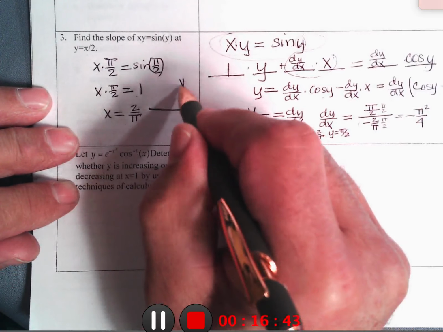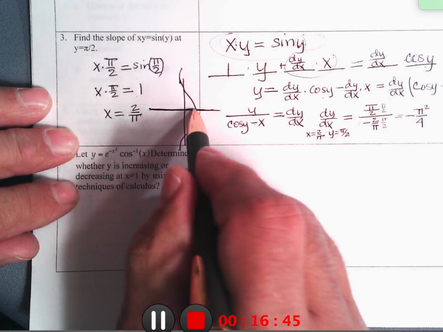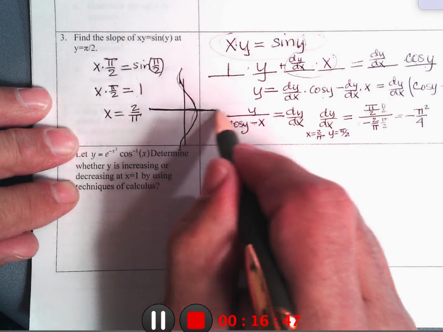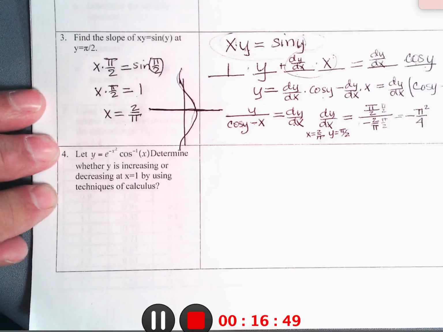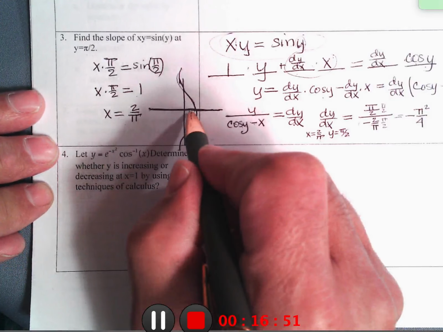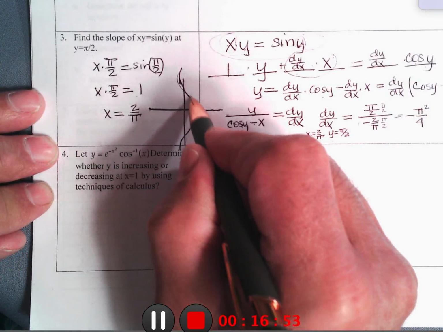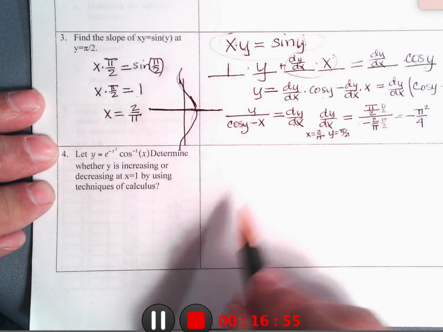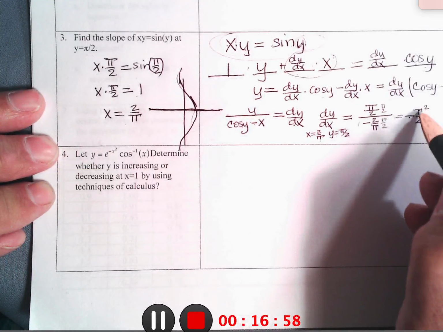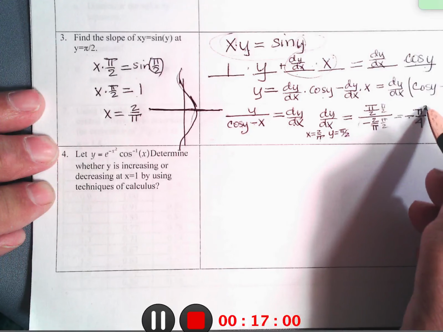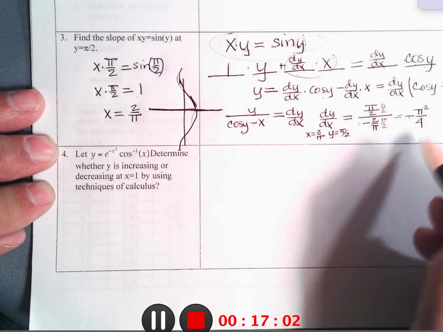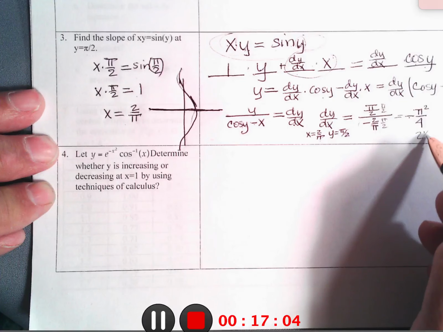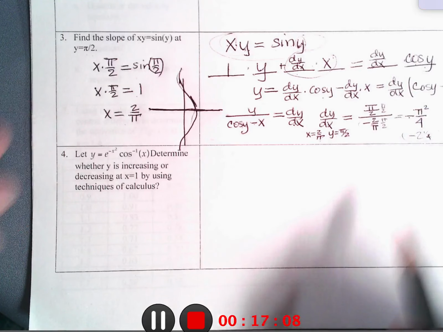So it has this plus this graph both. And if we're looking at 1, the slope is something right here. It's negative, and pi squared over 4 is like 9/4, which is 2 1/4-ish, negative. Something like that. Let's see what it really is.